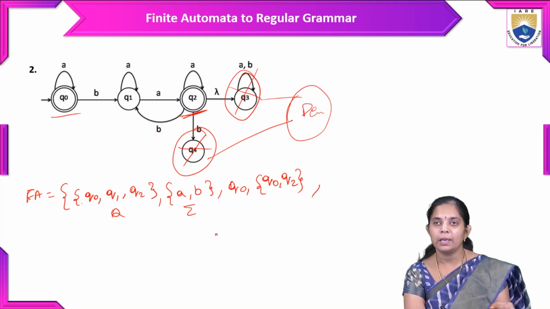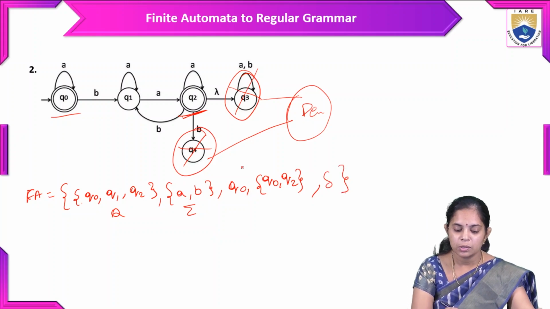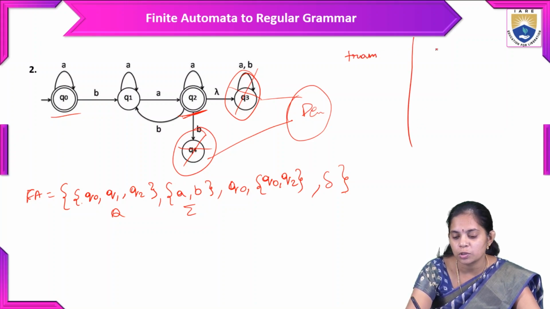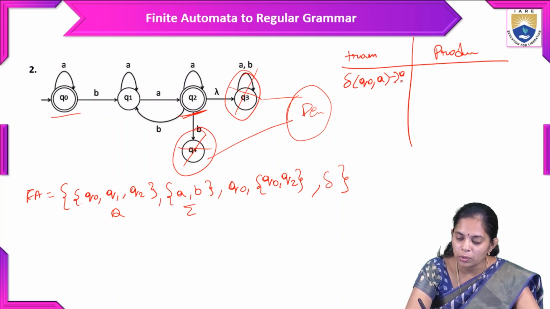And what we have, delta we need to write. So after seeing this, first we will write the transitions, then we will convert them into productions. Initially we have delta of Q naught comma A as an input symbol, it is reaching the state Q naught.